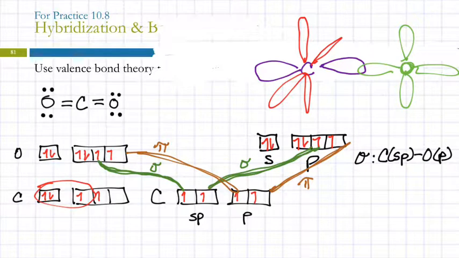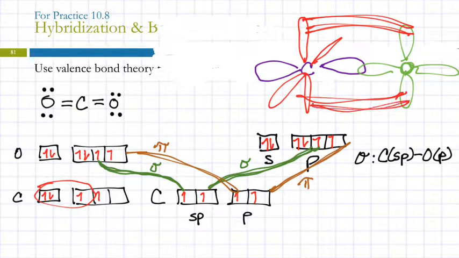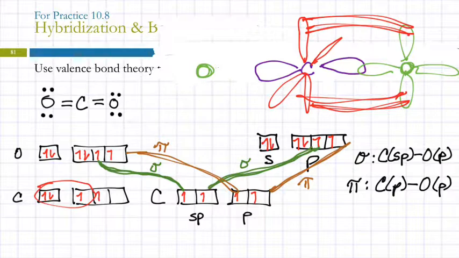And then I've got a pi bond between the carbon and the oxygen. So that's pi, carbon with a p, oxygen with a p. So that's part of it. Then over here, I've got the other oxygen. P orbital and p orbital.